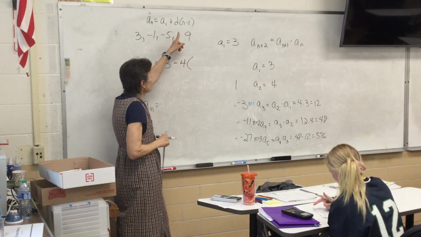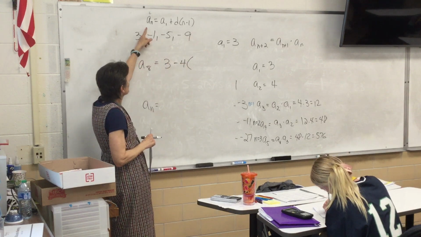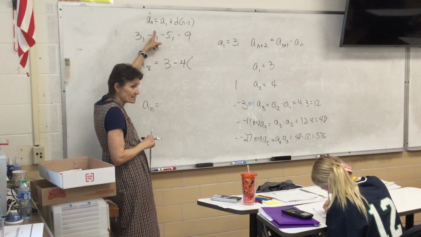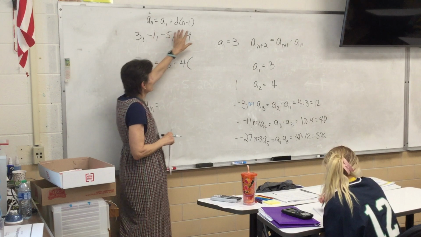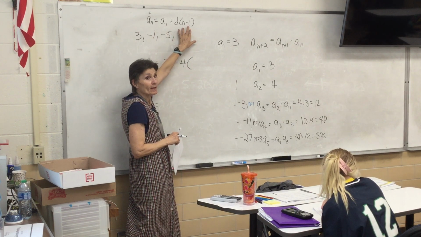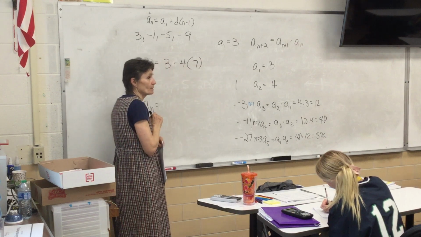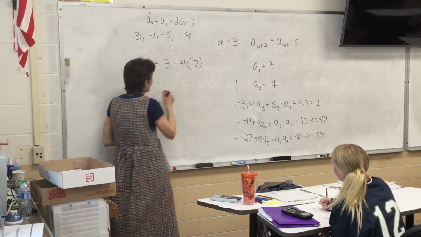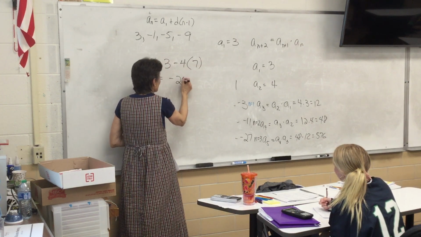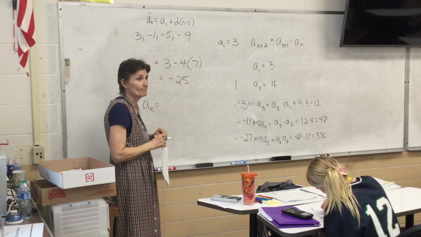And then n minus 1. Now keep in mind, you're finding a sub 8. So what's n minus 1? 8 minus 1, or 7. So the 8th term looks like it's -25, if I did my arithmetic right.